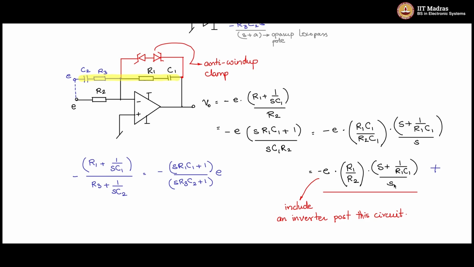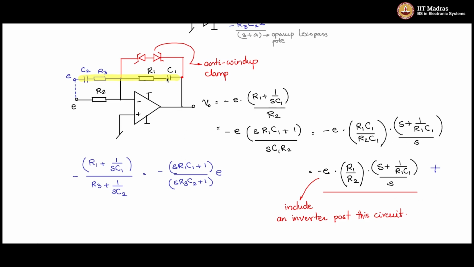So you will see that there is one integrator pole, and then there is another pole which is at some finite point in the left of the S-plane. You have one zero contributed here, and then there is another zero when you add it up. So you will have two zeros coming in there, and one integrator pole and one another pole. So this will be in the format of a PID controller.